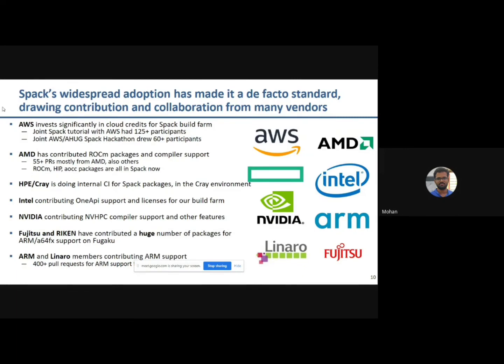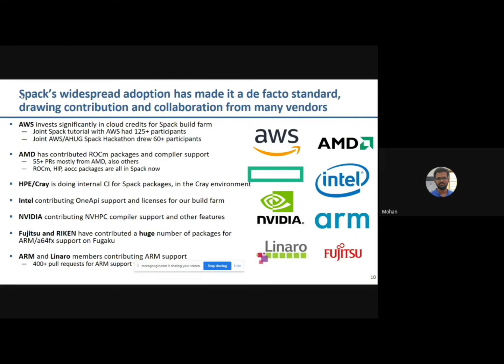As part of AMD, we have contributed Broadcom packages and compiler support for GPU, and we have raised as many as 55 plus pull requests to support AMD libraries and compilers, which are AOCC and AOCL. Along with that, we have also supported some applications with performant recipes. We take existing HPC applications, tune them for our AMD toolchain, and then update the recipe in Spack.